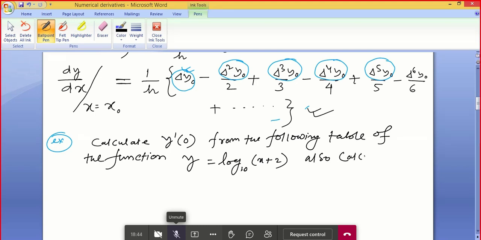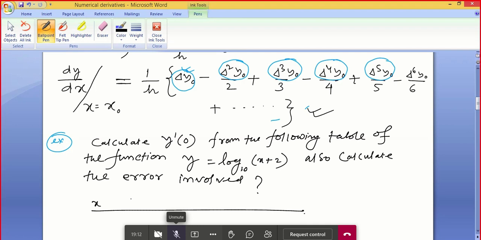Also calculate the error involved. This is my question, where x values are 0, 1, 2, 3 and 4, and the corresponding y values are functional values.